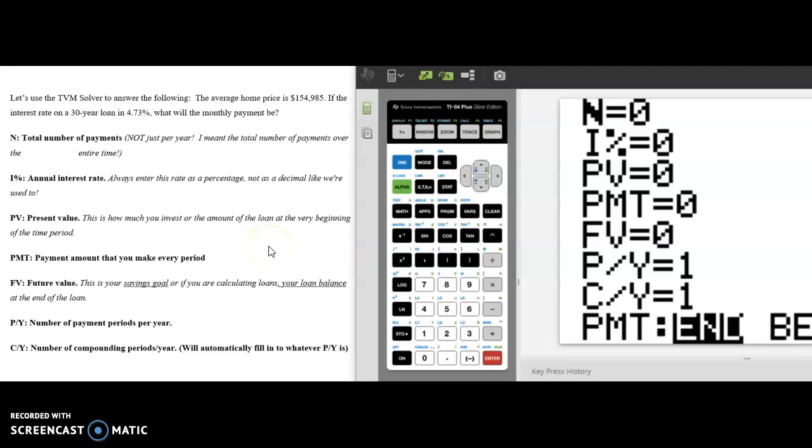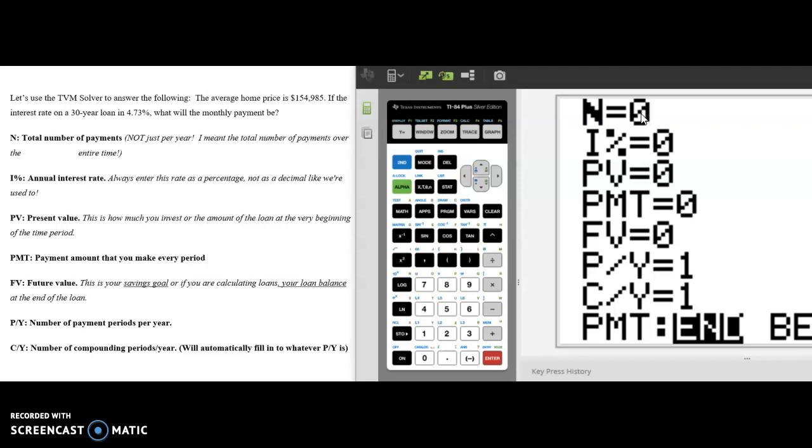So the very first variable that they're asking is capital N, and that stands for the total number of payments. I want to emphasize that's not just per year, okay? So if something was an interest that was compounded monthly, we know that means 12 times a year. I'm not just looking for 12 here. I'm looking for the total number of payments.